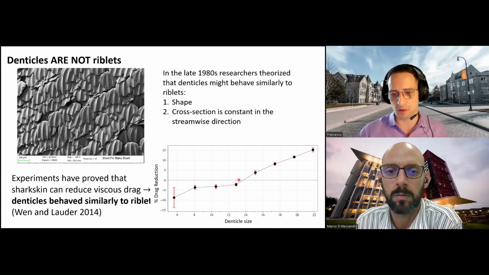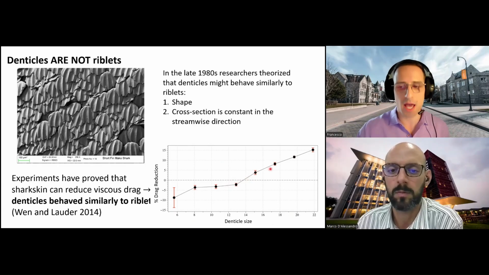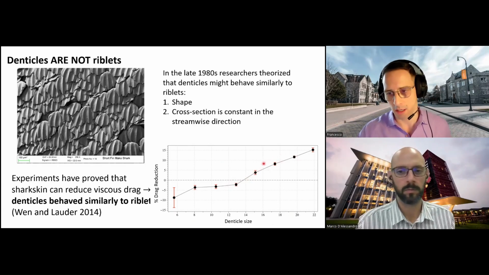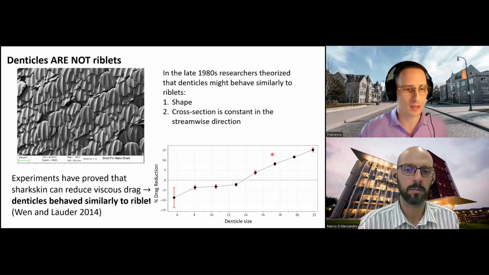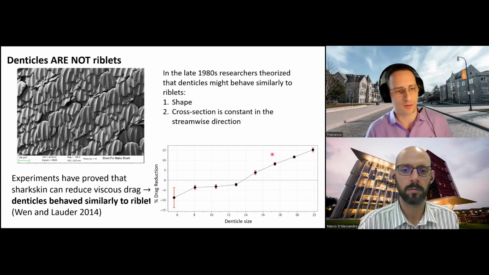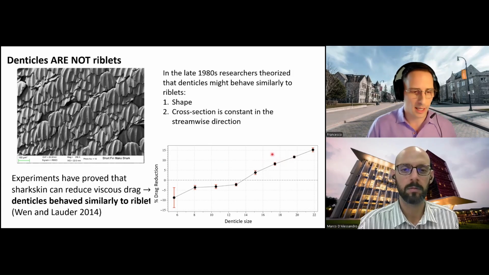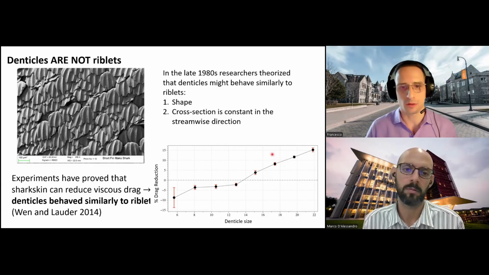So when you reach a threshold denticle size, you will appreciate some percentage of drag reduction here in the top right. And I think the most notorious experiment here has been the one carried out by Wen and Lauder in 2014.